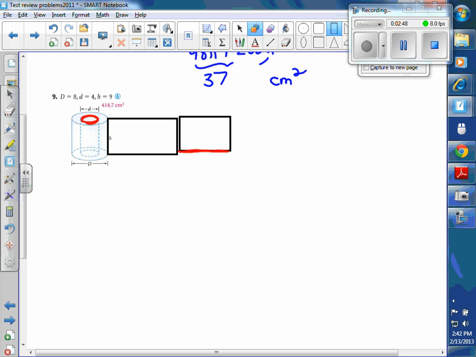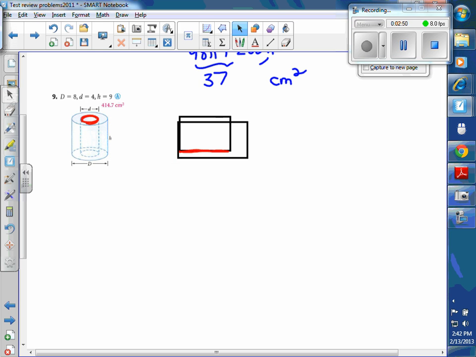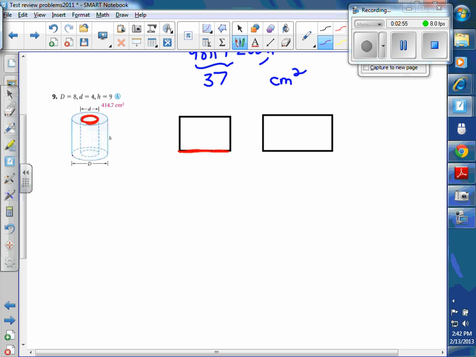And so this circumference here is this distance here. And then you also have the top and the bottom, the annulus here.